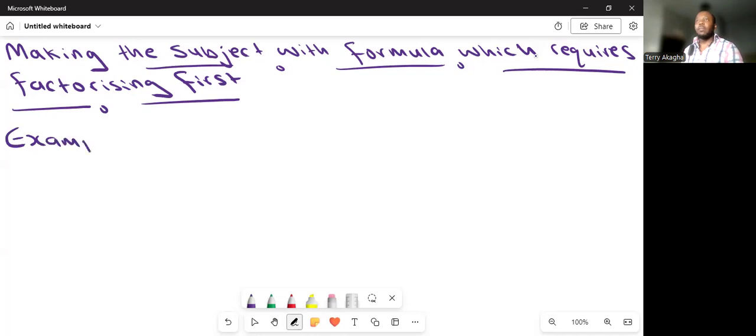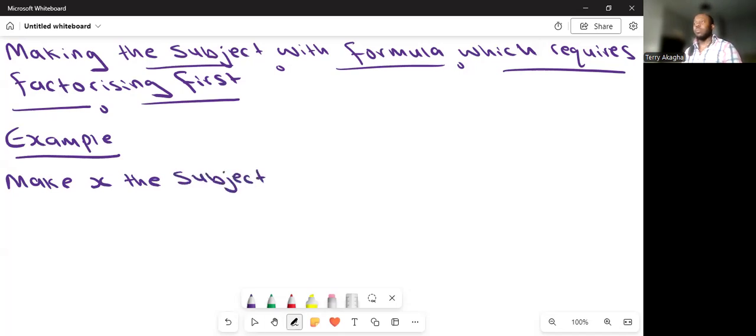So let's pick some examples now. Let's assume we have this. We're told to make x the subject of the formula in each of the following cases.